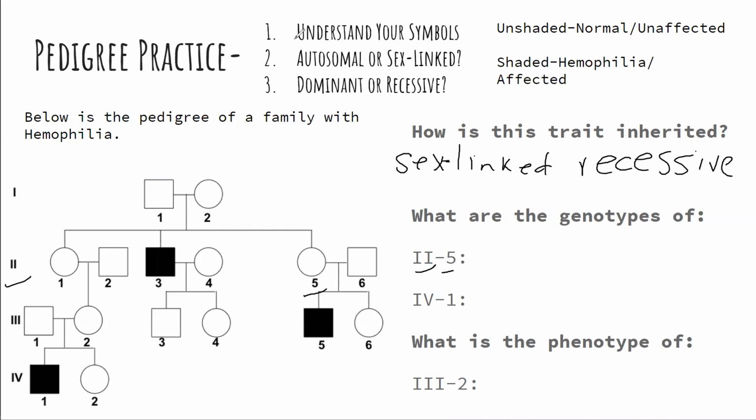Since we're talking about sex-linked traits, please make sure you go back and review, if you have not, sex-linked Punnett squares in our inheritance patterns, because that will help you figure out genotypes when we're talking about sex-linked traits. So is this a male or a female? Is individual 5 a male or a female? Right, she's a female.